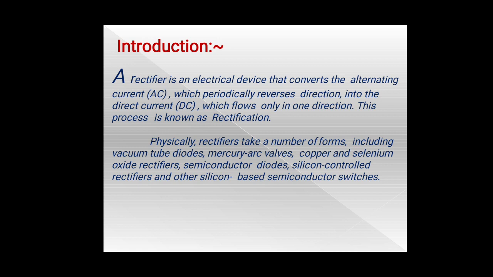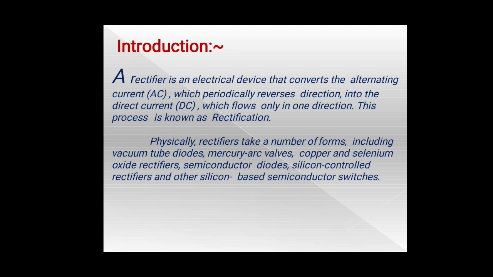So in simple form, rectification is the process of converting AC to DC, and the device that carries out the process is called a rectifier. And the rectifier takes a number of forms.